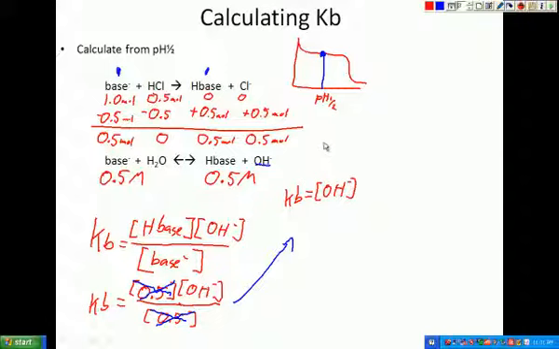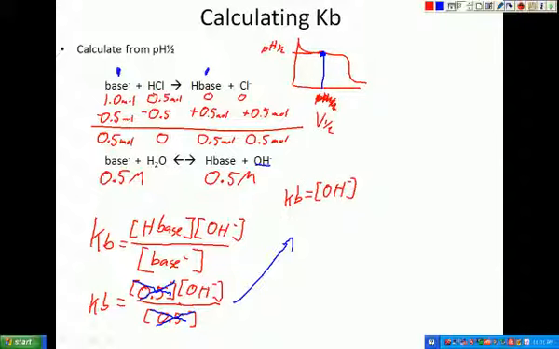Okay, so this is our V half, and I should say actually this is our pH half. Okay, and this would be our V half. Okay, and so our Kb equals the concentration of OH right here at pH half.